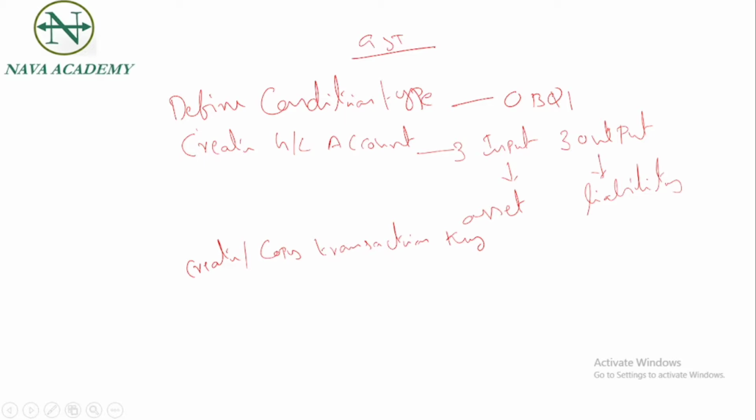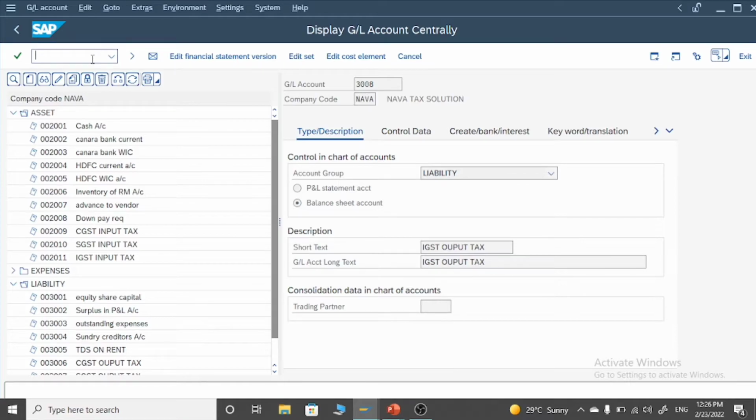T code is OBCN. OBCN. T code OBCN. Just go /n OBCN.